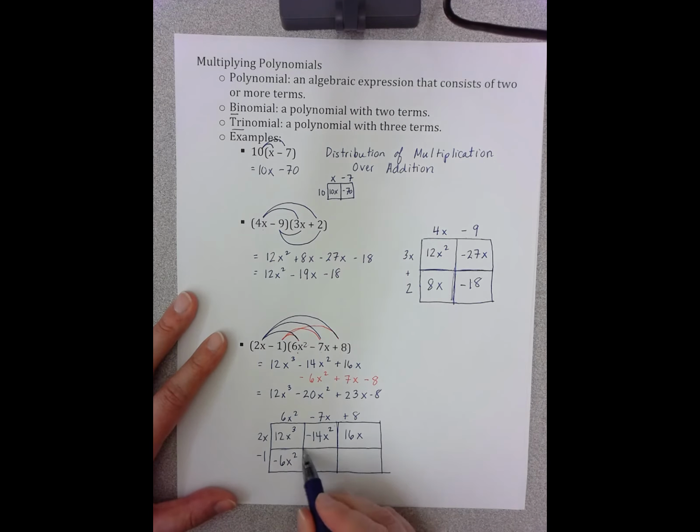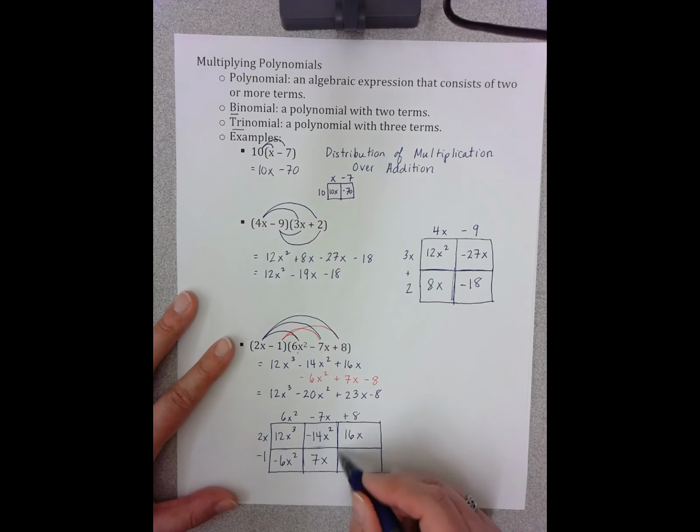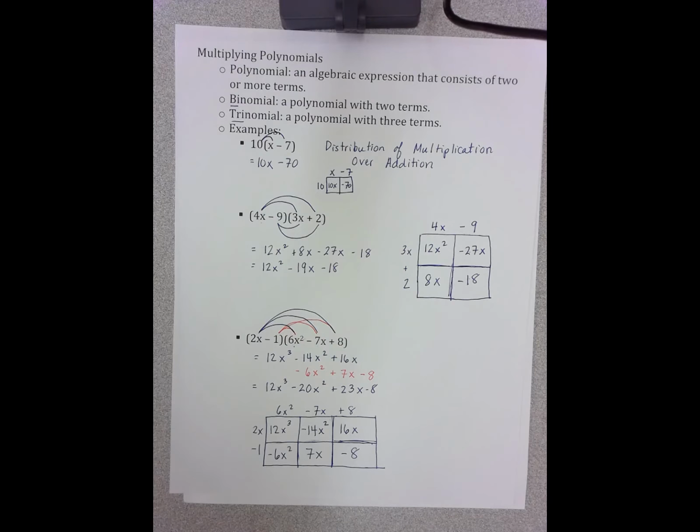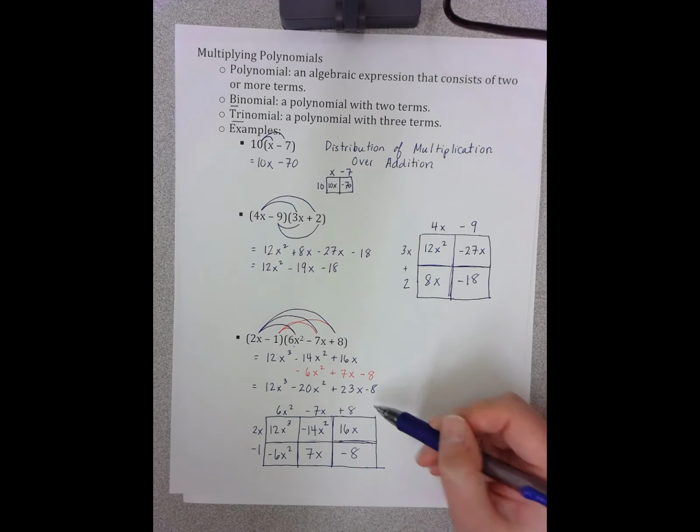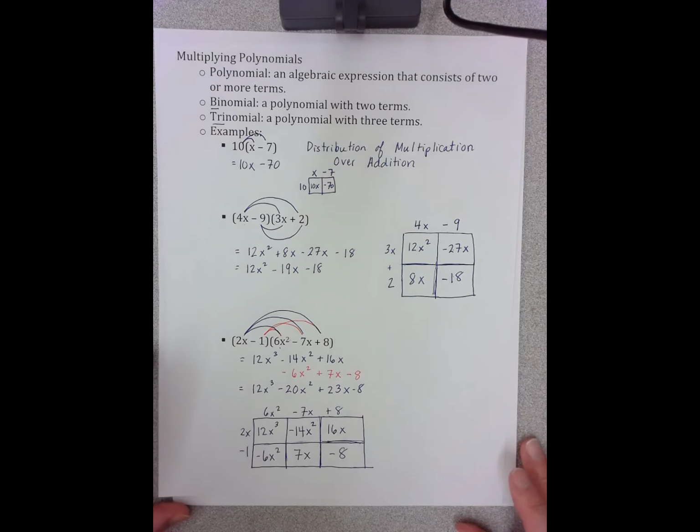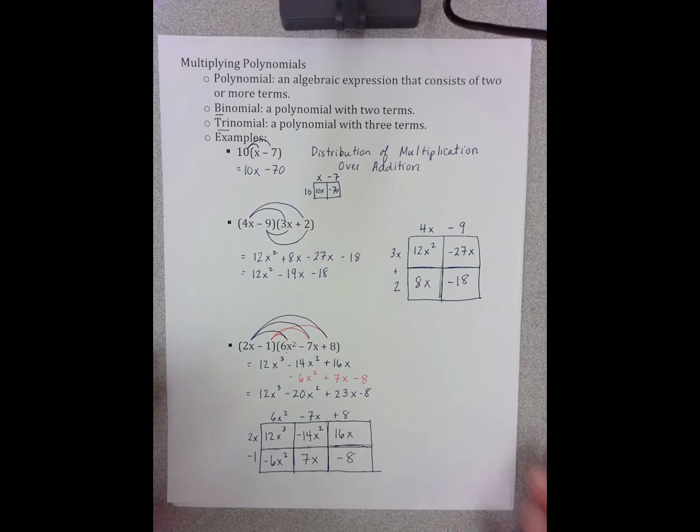Negative 1 times negative 7x is 7x. And then negative 1 times 8 is negative 8. And when I combine like terms, I get the exact same answer as I did when I used that double distribution, the rainbow method. Again, doesn't matter which method you use, you will get the same answer.